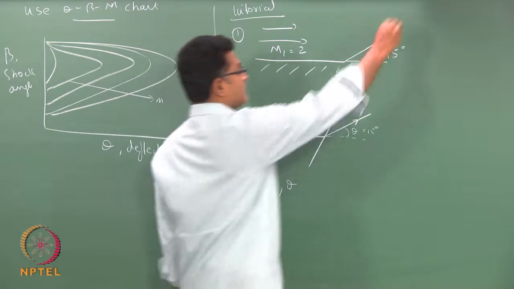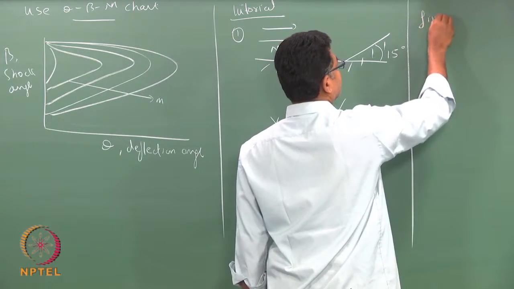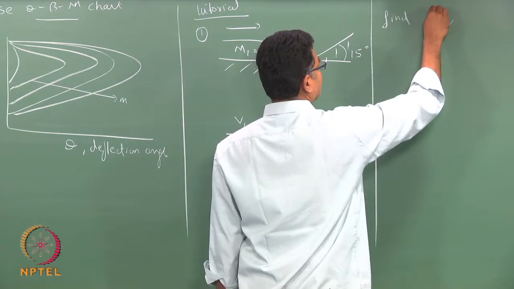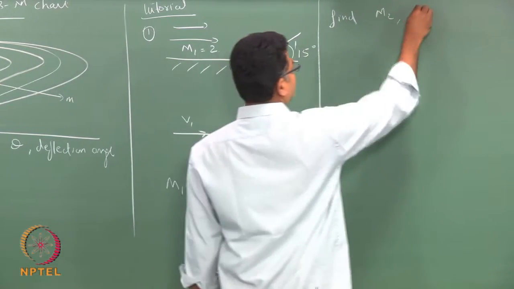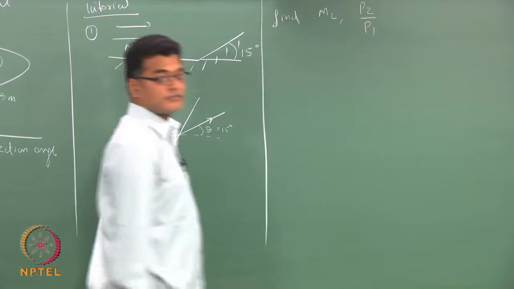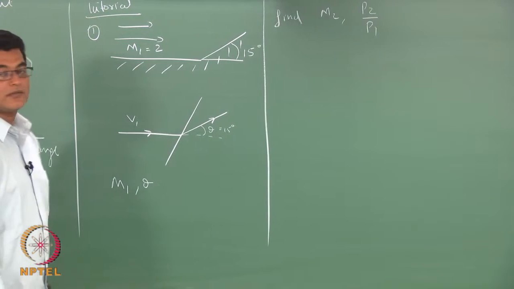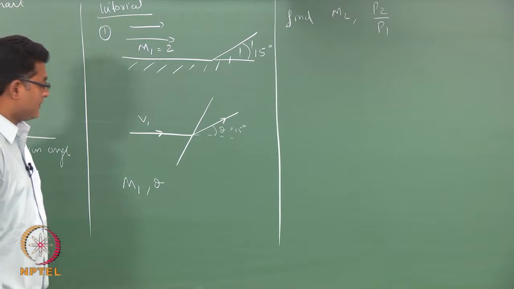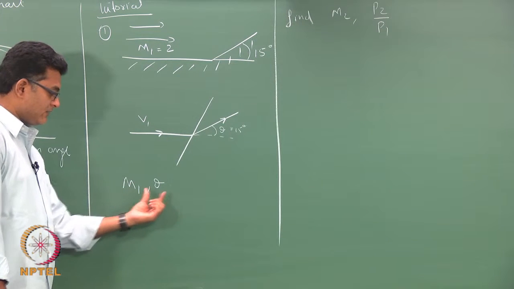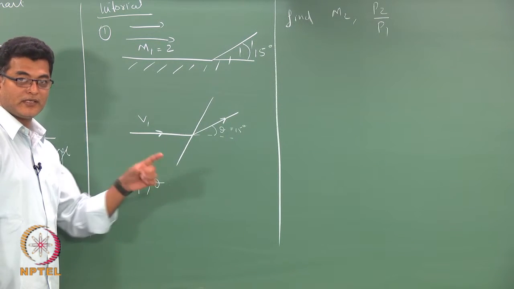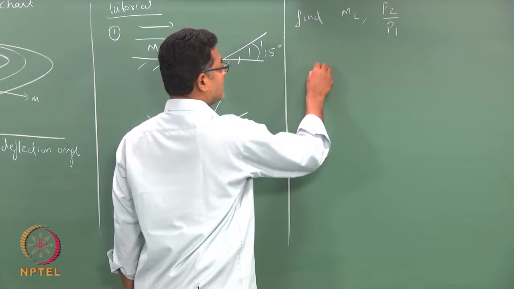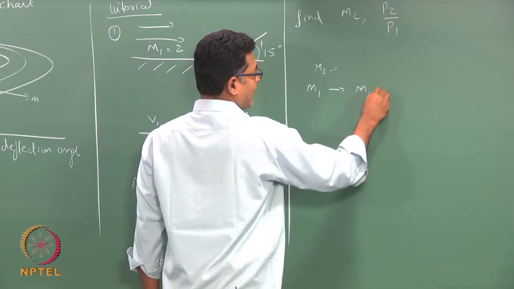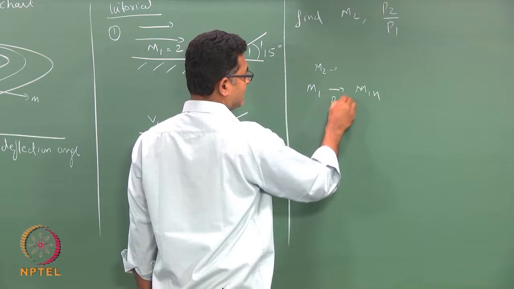So, I have M1 and theta. The question is to find M2 and p2 by p1. Fine. So, for this particular Mach number and this particular theta, what is my beta? How do I find M2? If I know M1, I should get M1n, which requires beta and theta.